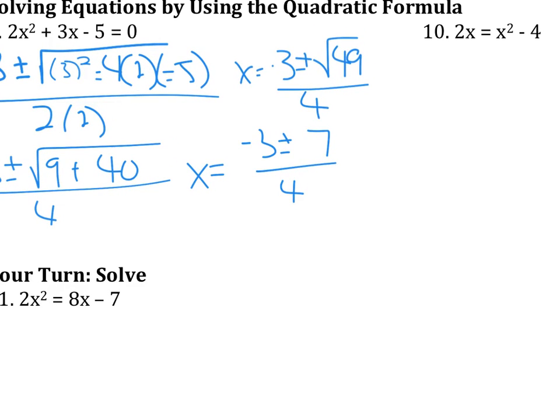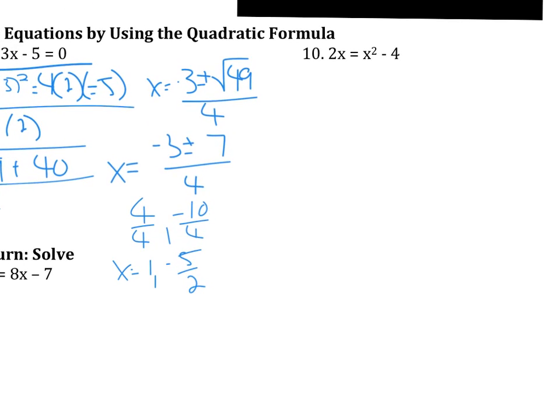So negative 3 plus 7 is 4 over 4, and then negative 3 minus 7 is negative 10 over 4, and those both reduce, giving us 4 over 4 is 1, and negative 10 over 4 is going to be negative 5 over 2.